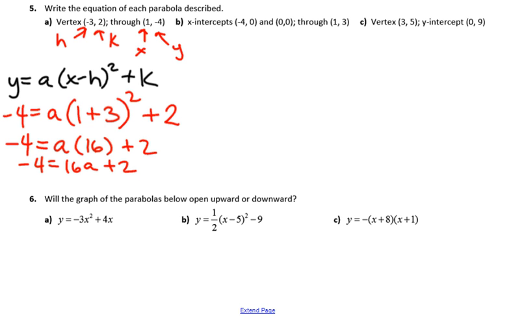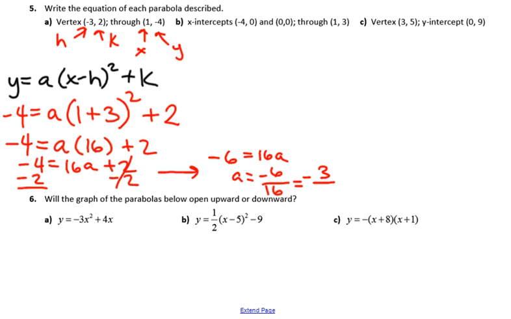So if you write it like that, that might help you. So then to solve, you would subtract 2 on both sides, giving you -6. I'm going to rewrite it over here. Equals 16A, then divide by 16 and you get -6 over 16, which then make sure you reduce to -3 over 8. So that's my A value.